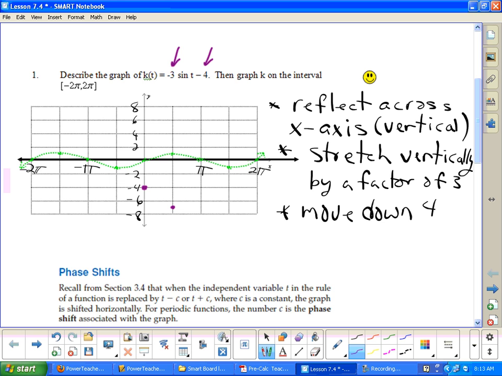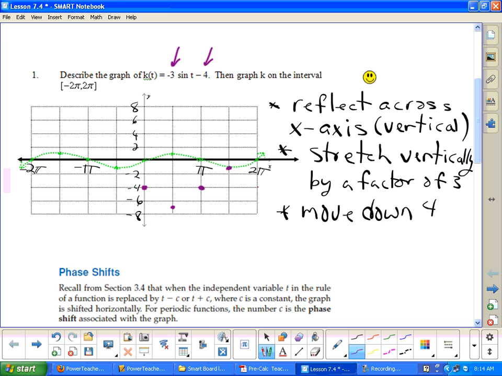Okay, 0, we're still going to be at negative 4. The one at negative 1: negative 1 times negative 3 is 3, and 3 minus 4 is negative 1.